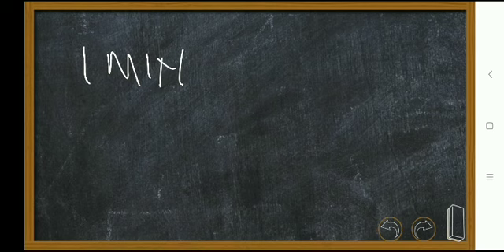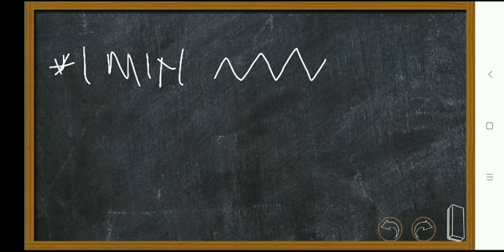So we will have the 1 minute time frame. It shows the movement of price for 1 minute. Like if price goes up, down, and wherever for 1 minute, that's where you will find it in the 1 minute time frame.